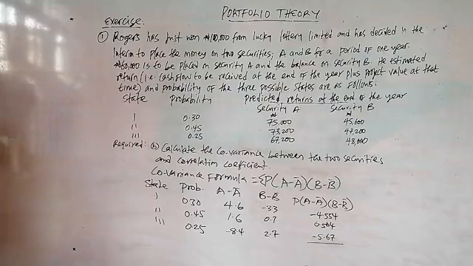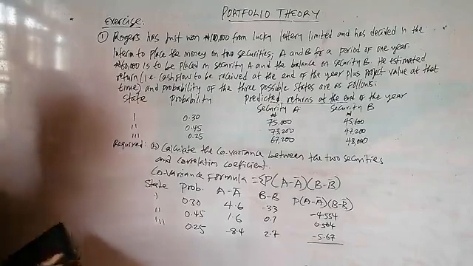So we have covariance of 4.554 plus 0.504 minus 4.554 minus 5.67.